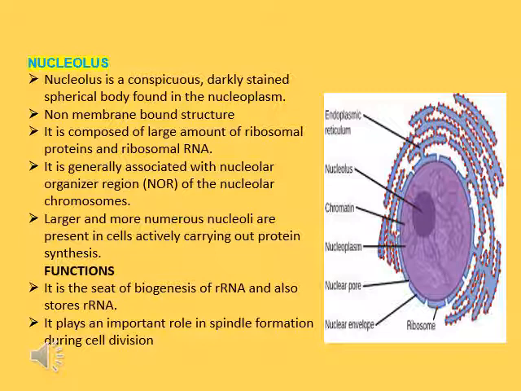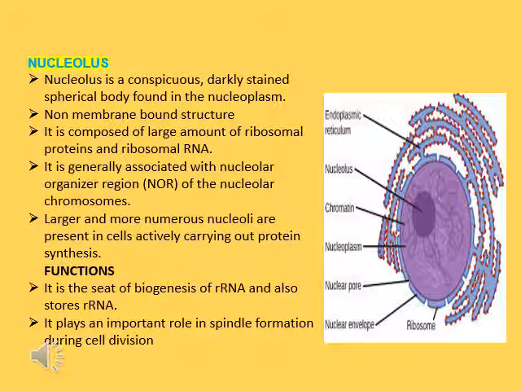The third part of nucleus is nucleolus, a darkly stained spherical body found in nucleoplasm that is without any membrane and is composed of a large amount of ribosomal protein and ribosomal RNA.